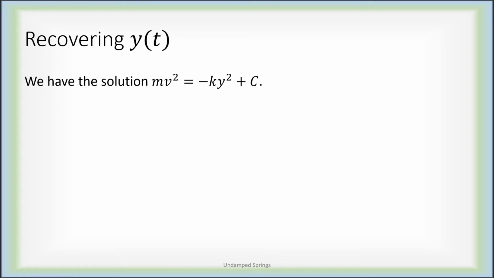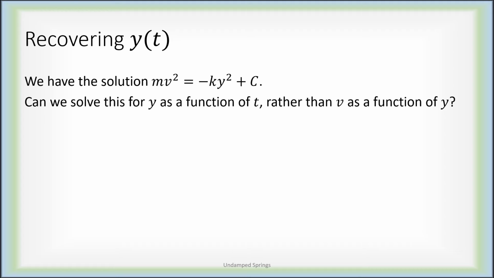All right, so here is our solution. mv squared equals negative ky squared plus c. C is very explicitly presented in terms of the initial conditions, but for convenience, we're just going to leave it as c for now. Can we solve for this where y is a function of t rather than v as a function of y? All right, well, v we can solve as plus or minus the square root of c minus ky squared all over m.